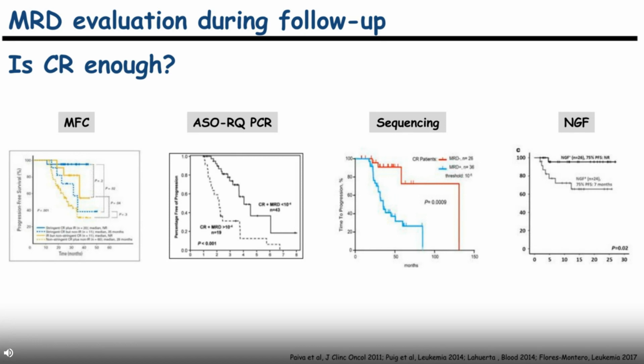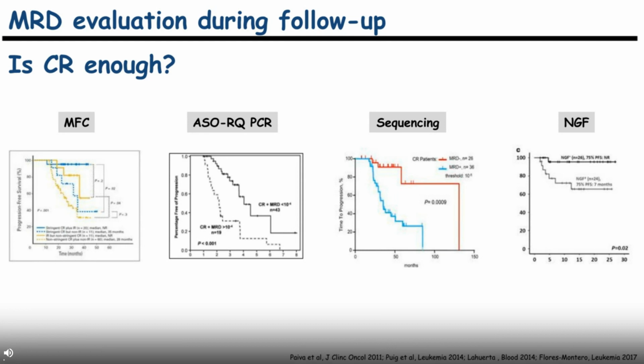In contrast, I believe that we all agree already for quite some time that, in the first place, patients in CR are a very heterogeneous group with different clinical outcomes. And secondly, that the current therapeutic strategies are increasing the number of patients in CR, making this a more populated category and even more heterogeneous.